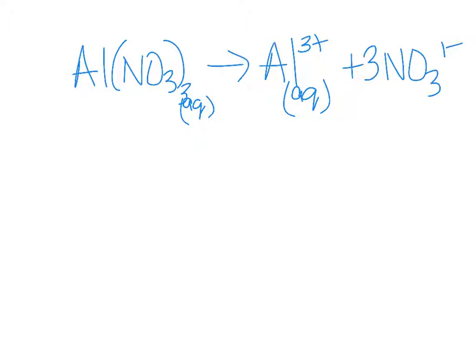Chloride will always be Cl minus. Doesn't matter how many are in the formula. If your formula is like CaCl2, you don't put Cl2 negative. It's 2 Cl negatives. All right, so it was 0.10 mole per liter. So how much aluminum, how much nitrate?